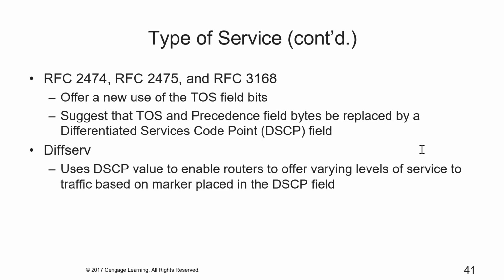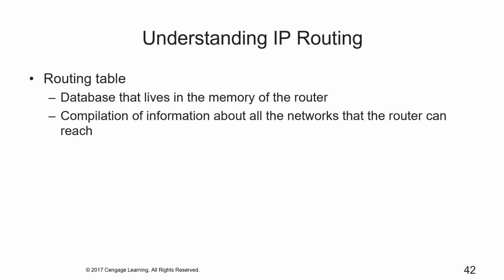And then again, you can think about this as the difference between riding first class and riding coach in an airplane. Again, you're going to have preferences as you send these packets, and we can make sure that we have a means of differentiating this traffic.